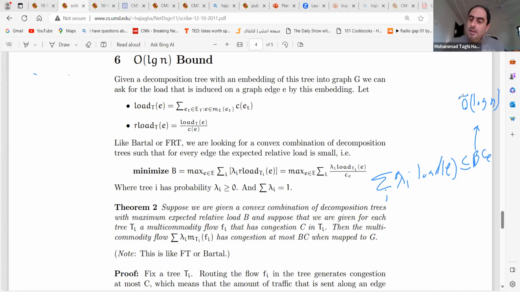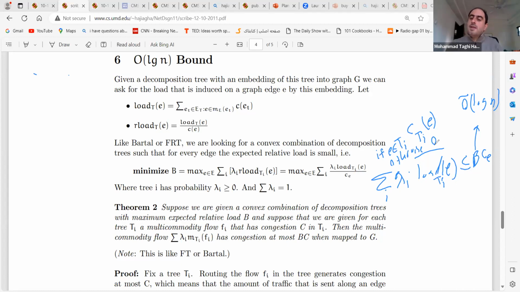And then what was the load E? Load E was the one that we mentioned. This is the definition of a load. This is a load T i of E. So you can say this is the C i of E if E belongs to T i, and 0 otherwise.